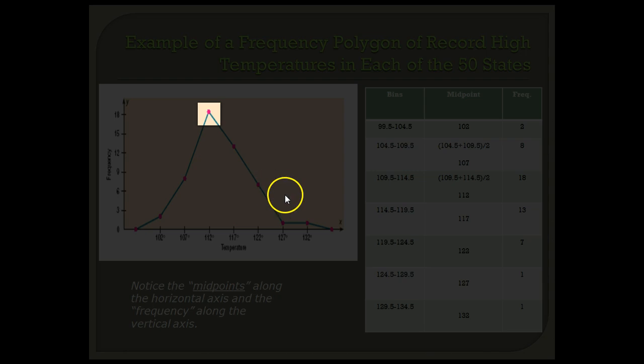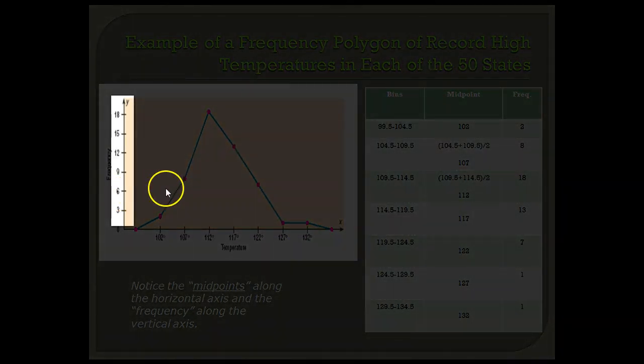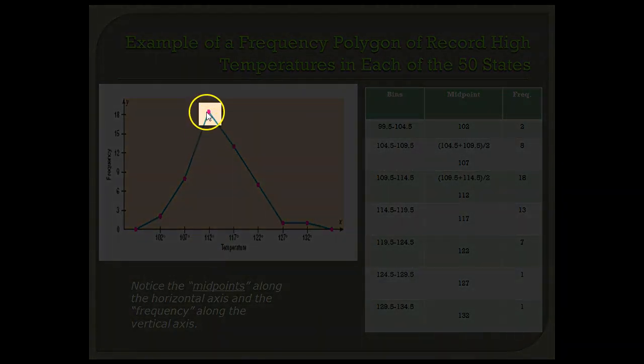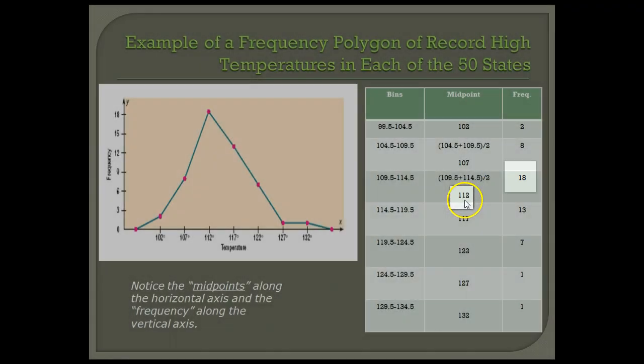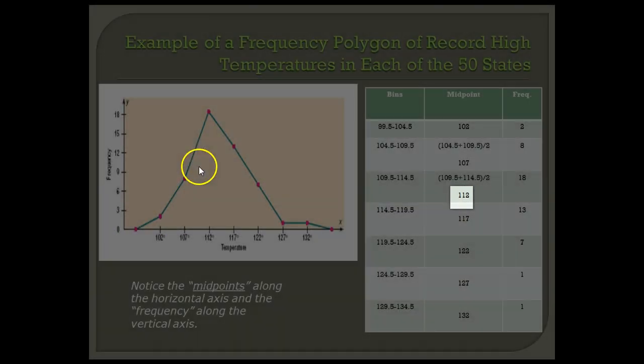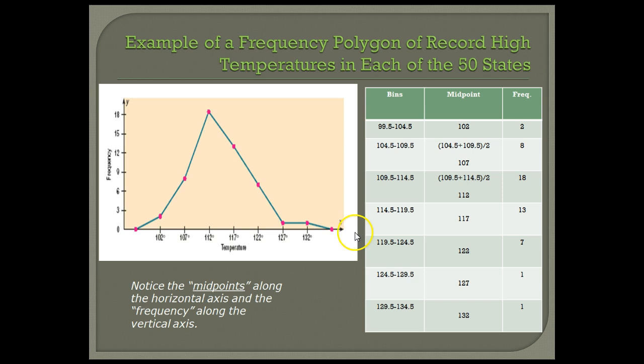Similarly, for each class, I make a dot and connect them at the frequency that corresponds to that midpoint. Notice at 112, I made a dot at 18, the frequency that corresponds to the midpoint of 112. We draw a line to connect these dots. So notice along the bottom I see my midpoints, and along the y-axis, I see frequencies. That constructs your frequency polygon.